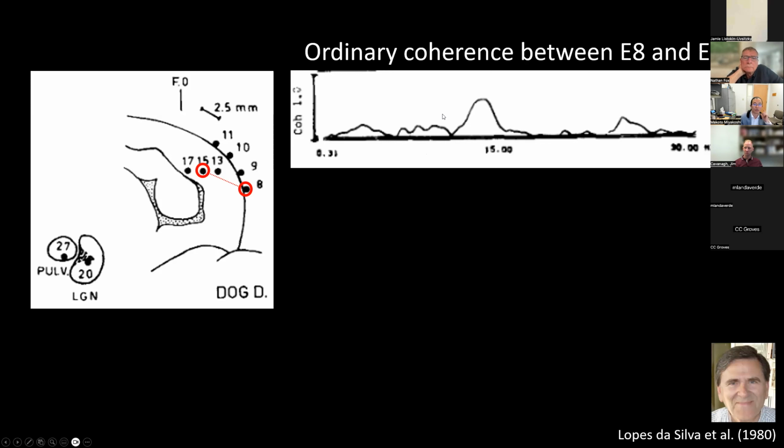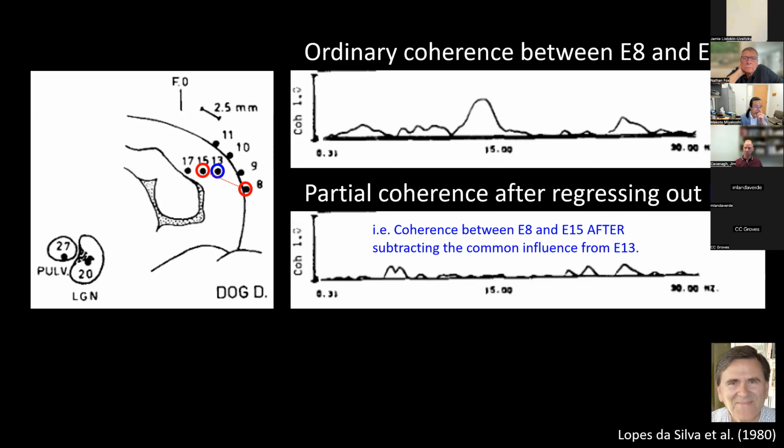This is ordinary coherence. Now, he applied the partial coherence, which means the coherence between electrodes 8 and 15, but after subtracting the common influence from electrode 13. So this is like a residual after subtracting the common influence from electrode 13.